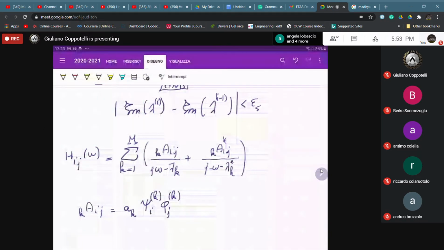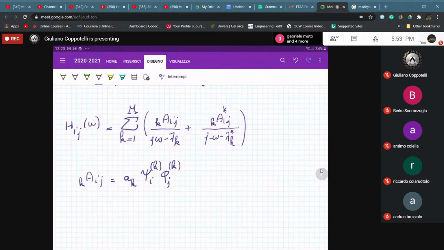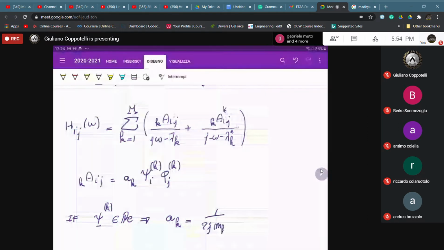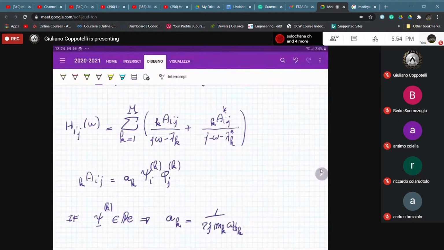So this is the relation between the residual terms and the mode shapes. If your kth mode is a real one, then we can say that your complex quantity A_k is given by 1 over 2j and k omega_dk.